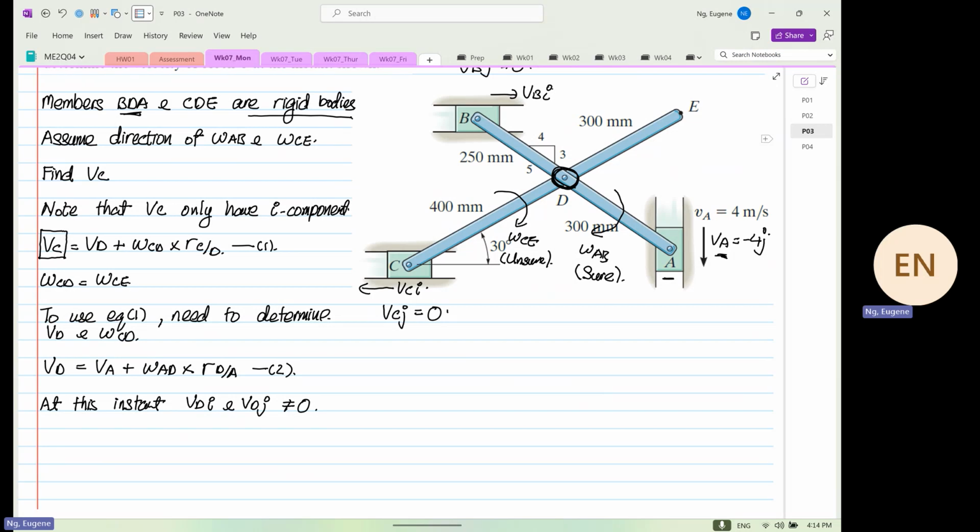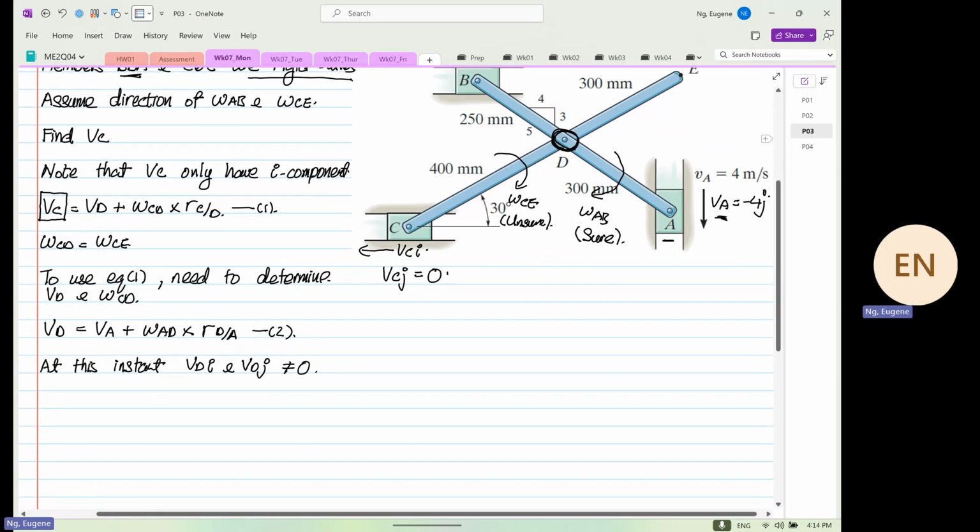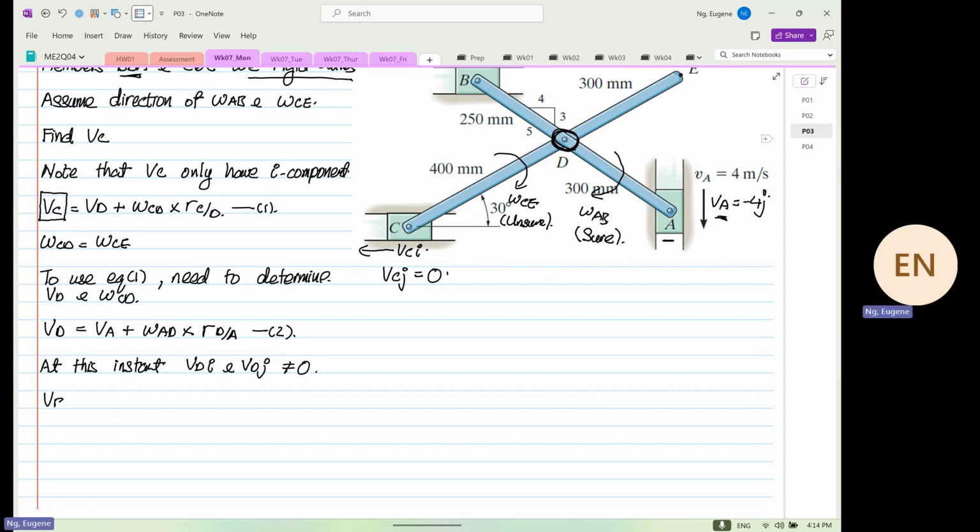So in this instance, we can maybe do VB is equal to VA plus omega AB cross R AB, equation number 3.